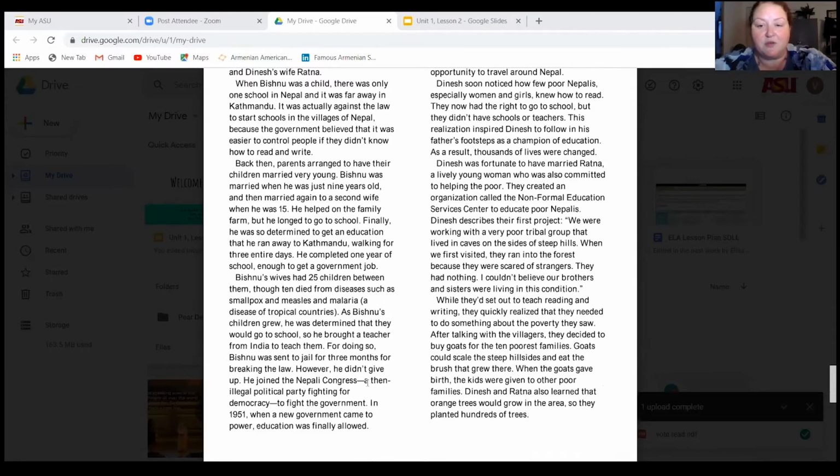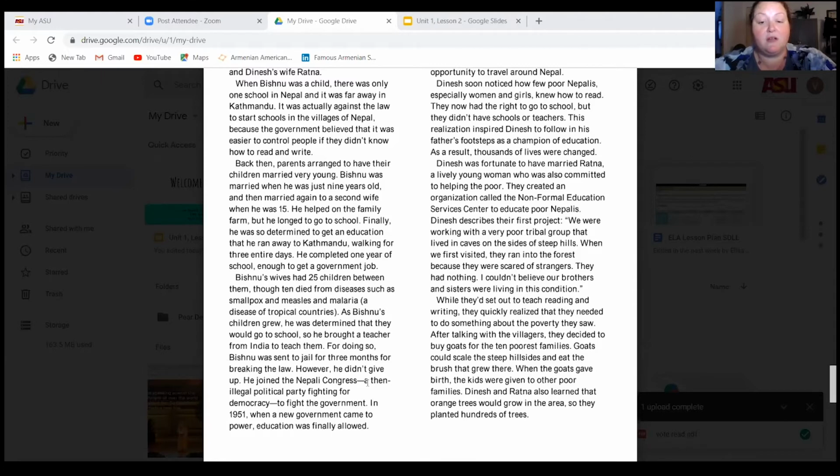While they set out to teach reading and writing, they quickly realized that they needed to do something about the poverty they saw. After talking with the villagers, they decided to buy goats for 10 of the poorest families. Goats could scale the steep hillsides and eat the brush that grew there. When the goats gave birth, the kids were given to the poor families.